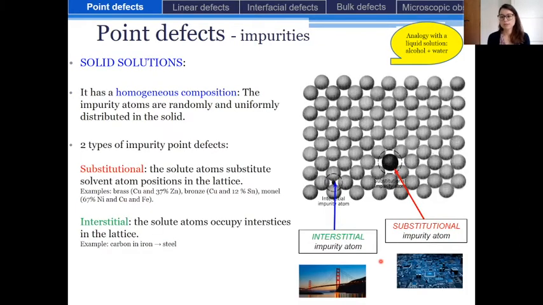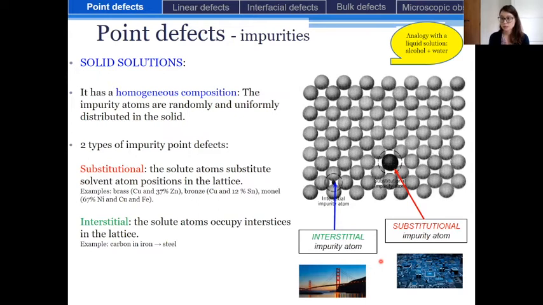So a solid solution has a homogeneous composition. The impurity atoms are randomly and uniformly distributed in the solid. And this is quite similar to a liquid solution, where we mix liquid A and liquid B, and that forms a completely homogeneous solution. So the idea is very similar.